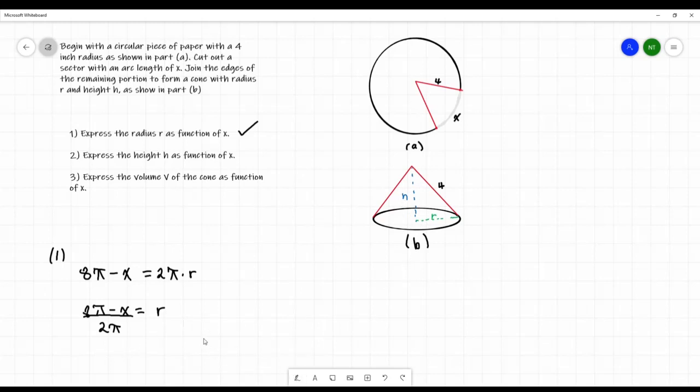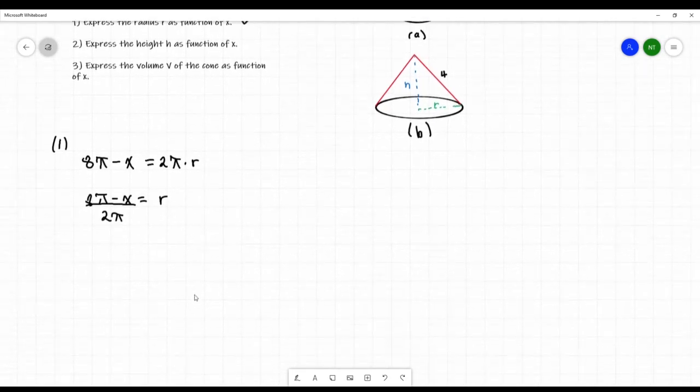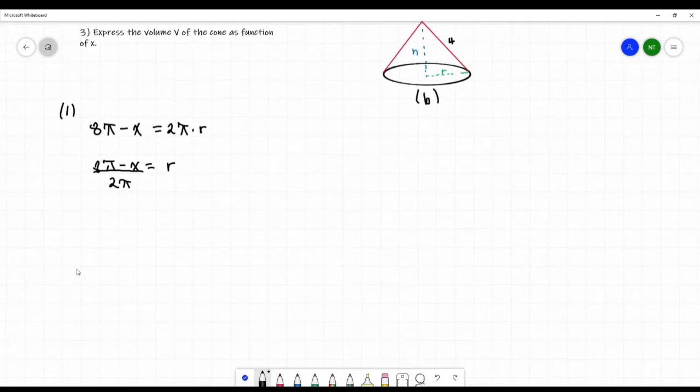So let's go ahead and do that. We have h squared, which is our height, plus r squared, which we found out here, which is (8 pi minus x divided by 2 pi) squared, is equal to 4 squared, which is 16.